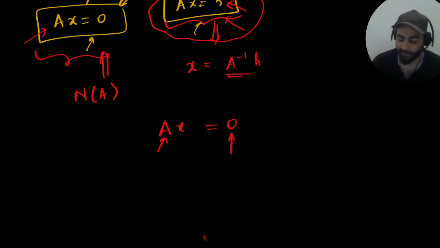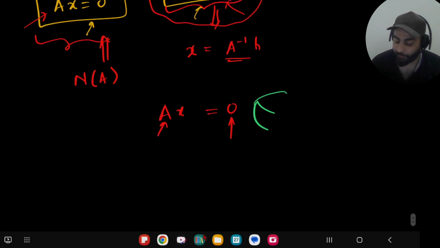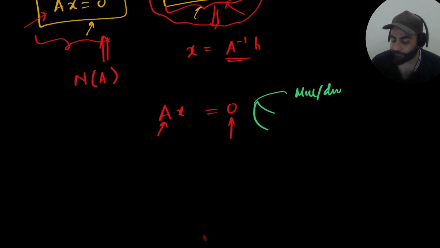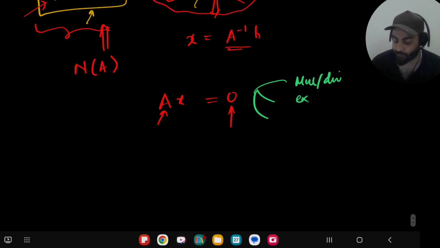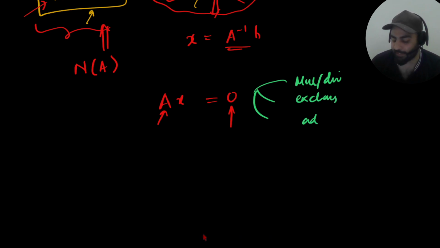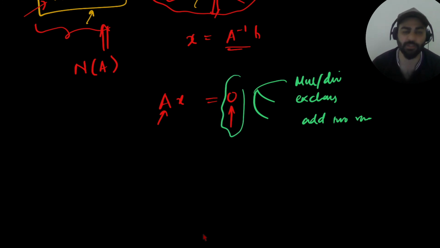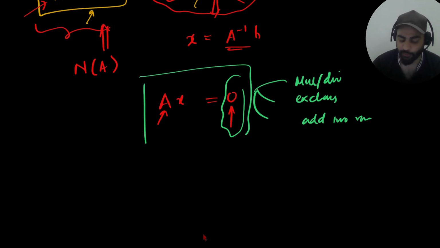Remember the three elementary operations: you can multiply or divide a row by any scalar, exchange rows, or add two rows. If you perform these operations on the zeros, nothing happens; it still remains zero. That's why it's easy to find the solution to this.